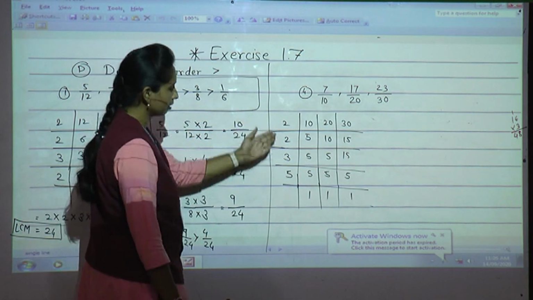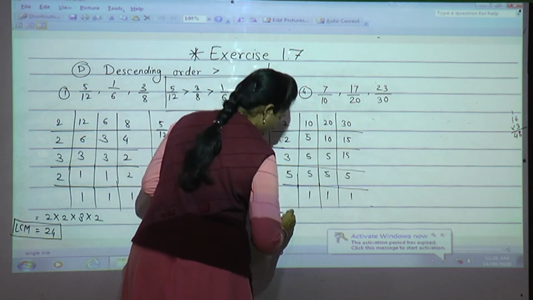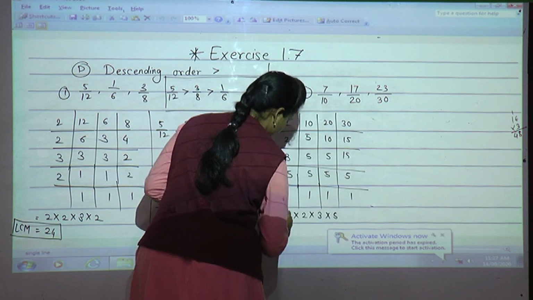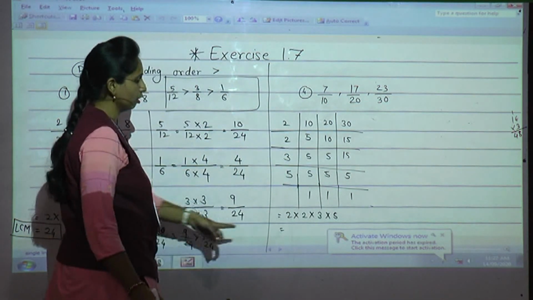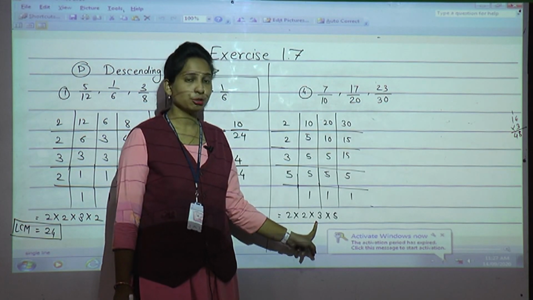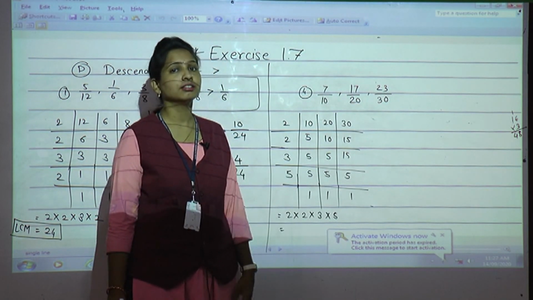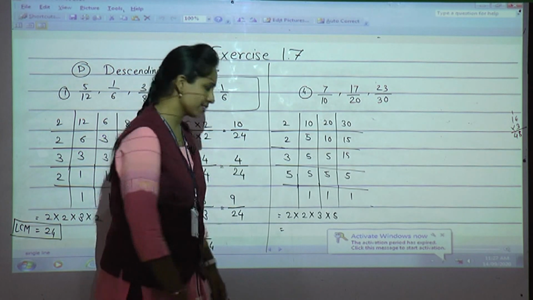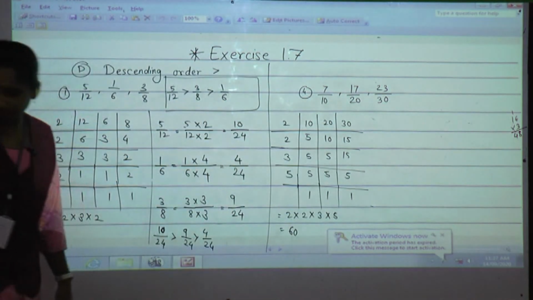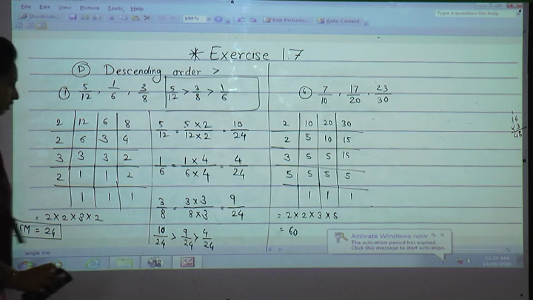Okay. Now what are the multiples? Common multiples are 2 multiplied by 2 multiplied by 3 multiplied by 5. Now do the multiplication. 2 2s are 4, 4 3s are 12, 12 5s are, yes, 60. 60 is what? LCM, isn't it?